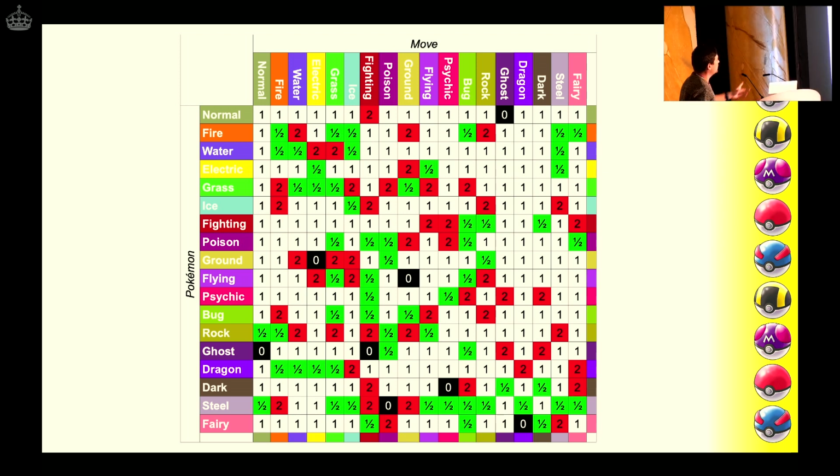So for example, if you look at the third column, the water column, a water attack on a normal type Pokemon will deal 1 times the damage. A water attack on a fire type Pokemon will deal double the damage. A water type Pokemon attacking another water type Pokemon will deal half the damage. So we would call that being strong against, or resistant to, an attack, or strong against a Pokemon.